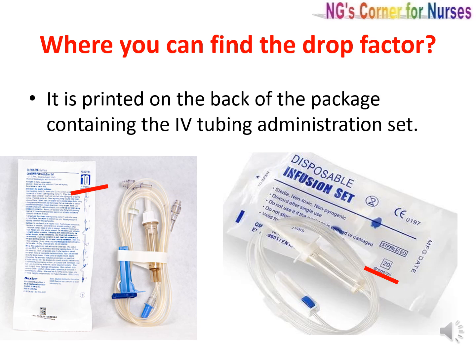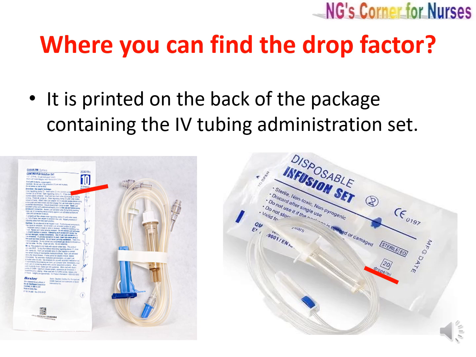In case of micro drip set, drop factor is fixed, that is 60 drops per ml. But how do we identify the drop factor of macro drip set? Clinically, it is very easy. When we look at the back of the cover of the infusion set, it is clearly mentioned how many drops are contained in 1 ml.